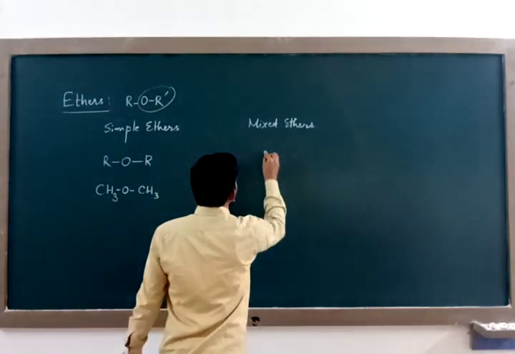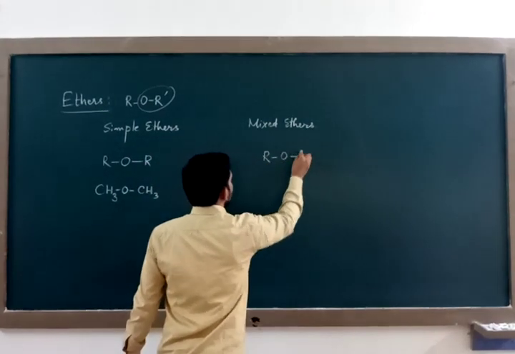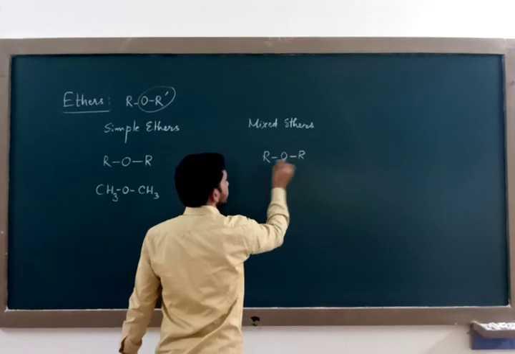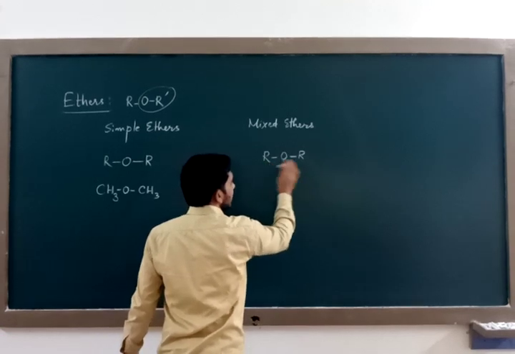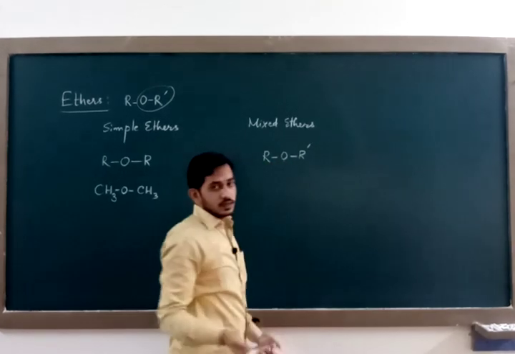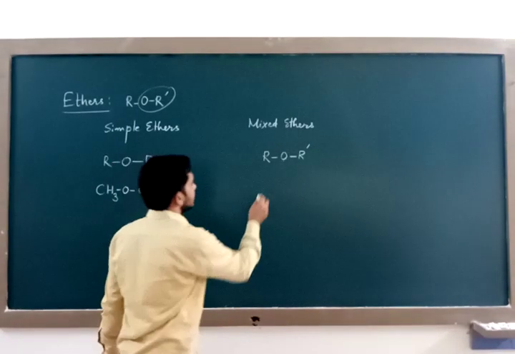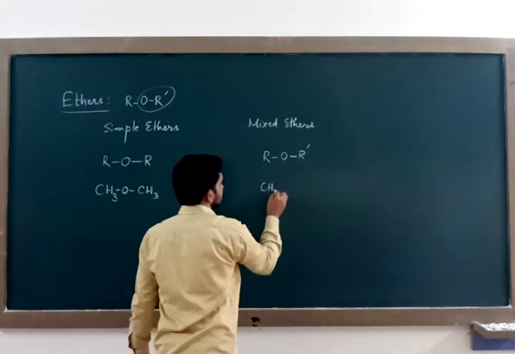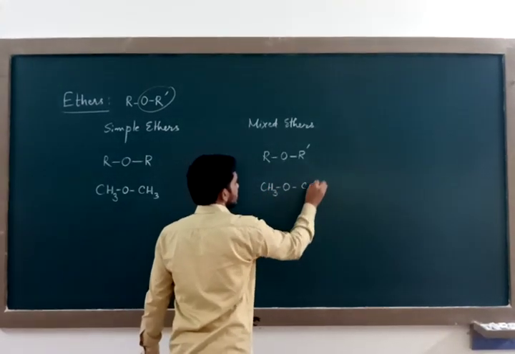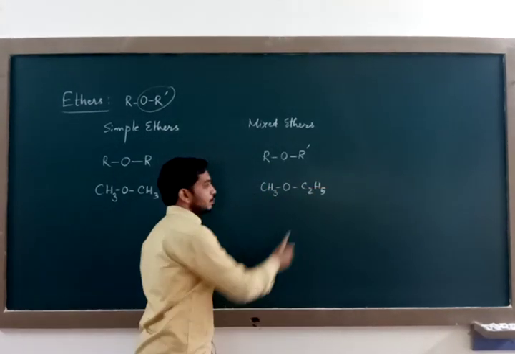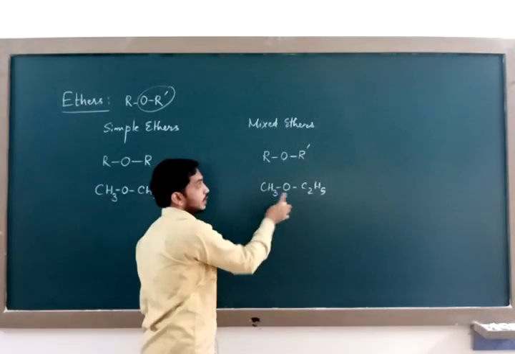If on either side of the oxygen the alkyl or aryl groups are different, then we call them mixed ethers. Example, if one is CH3 and the other is an ethyl group, both groups are different, then it is a mixed ether.